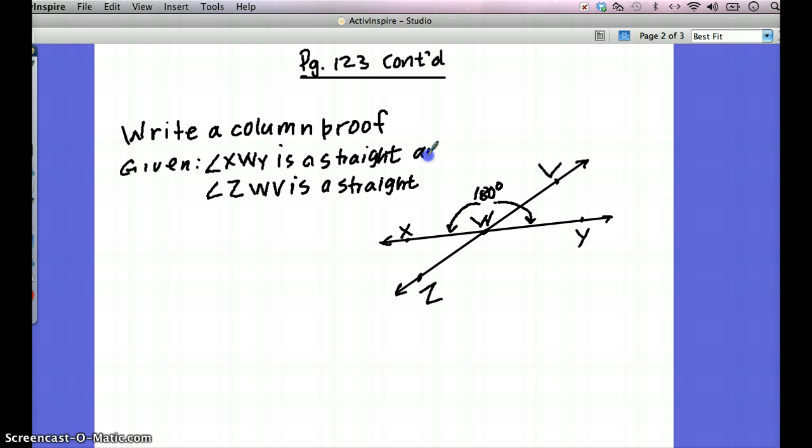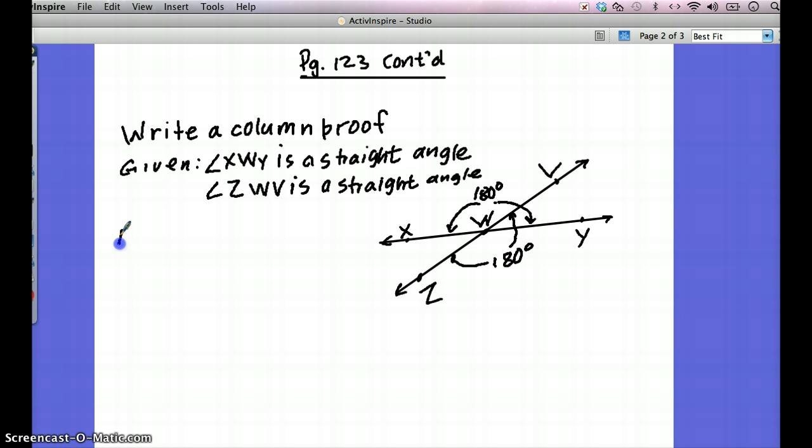I forgot my angle here. I'll write it in now. Angle. And here the same angle. So I'll just go ahead and do the same here. Angle ZWV. Let's do it over here. This is a straight angle as well.